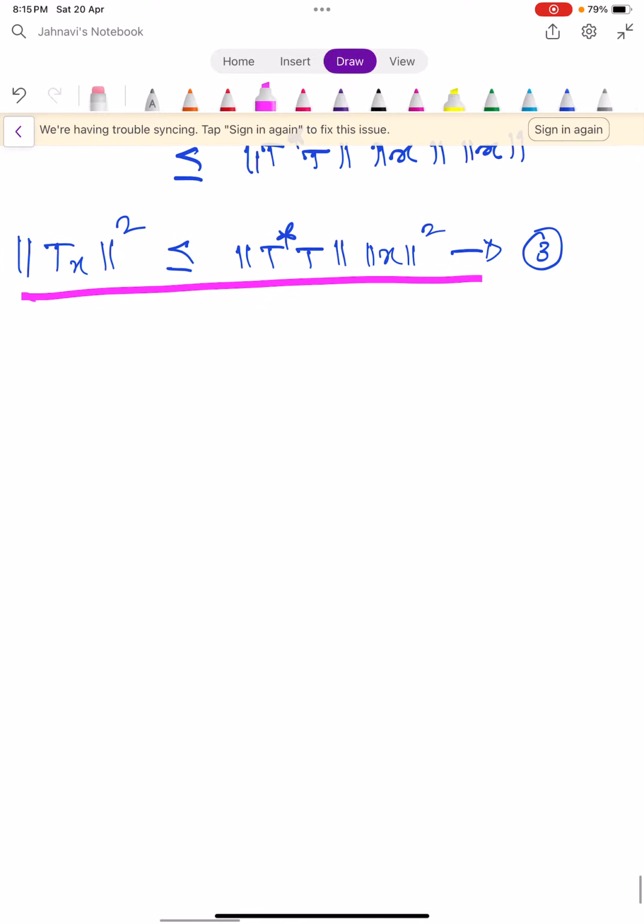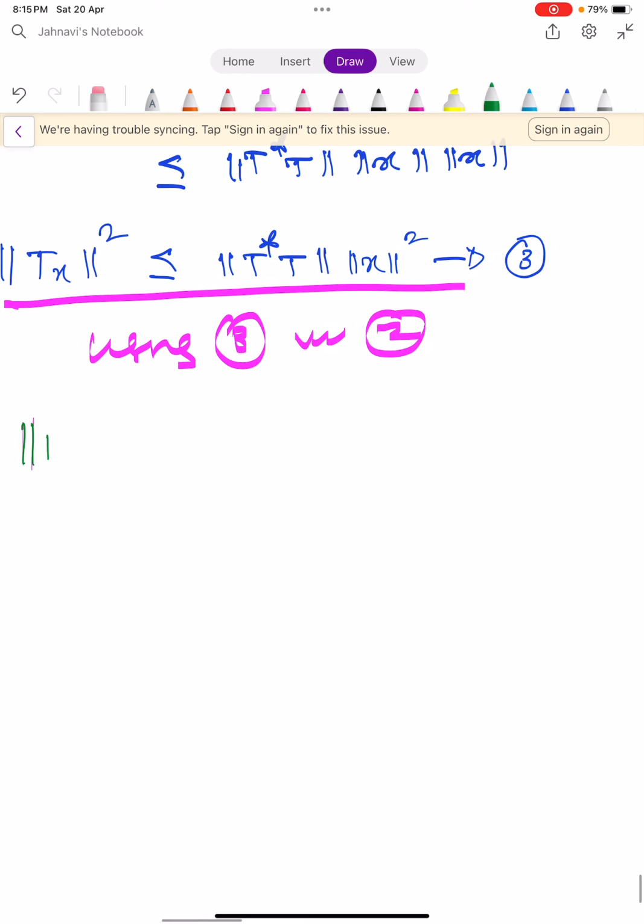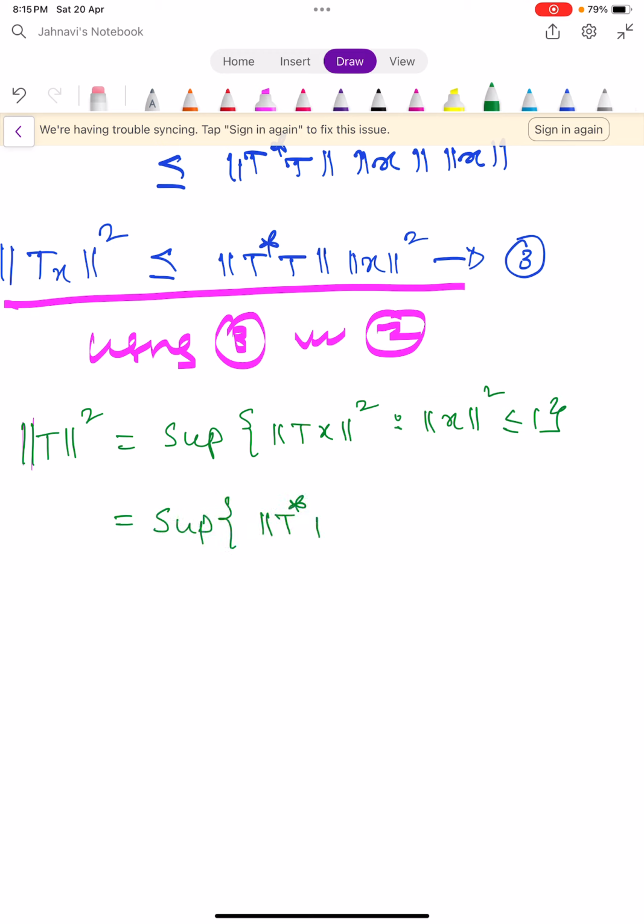So using equation 3 in equation 2, we get norm T square is equal to the supremum of norm Tx whole square such that norm x square is less than or equal to 1, which is less than or equal to the supremum of norm T star T norm x square such that norm x square is less than or equal to 1, which is simply less than or equal to norm T star T. Let it be equation number 4.